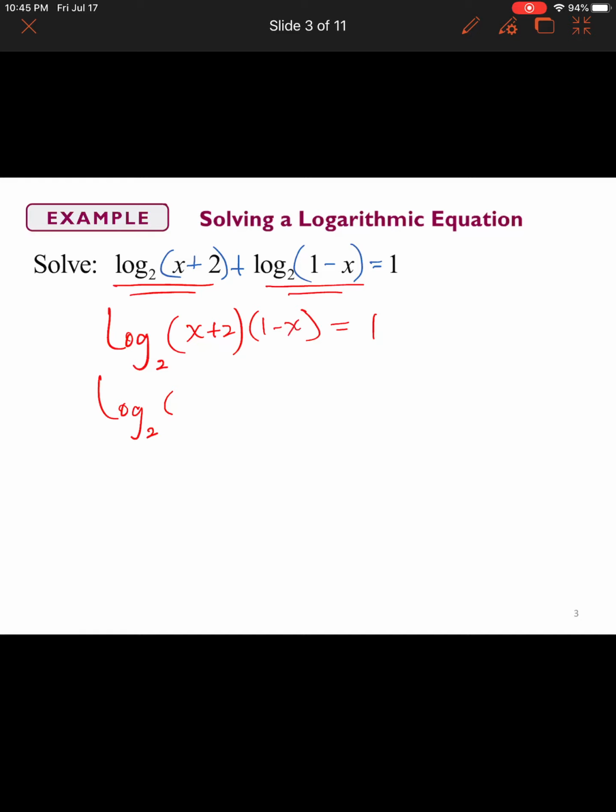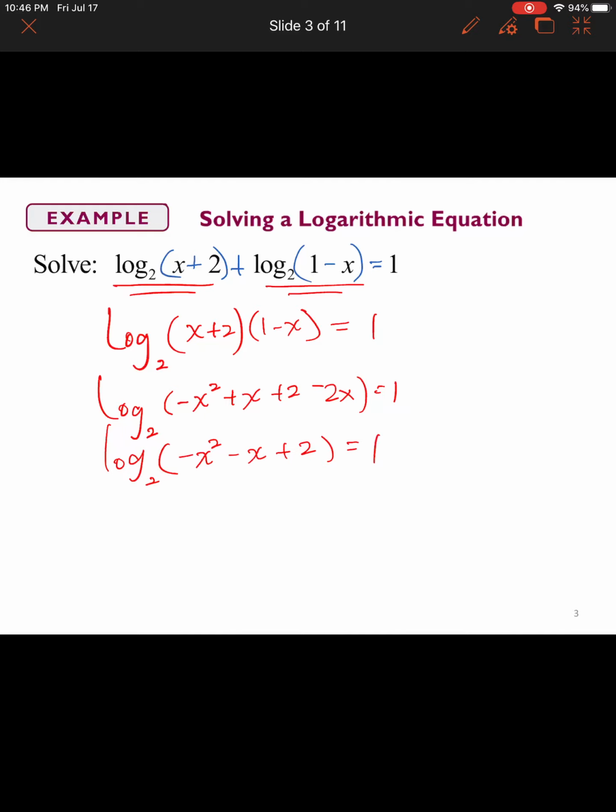So we have negative x squared plus x plus 2 minus 2x equal 1. We're going to rewrite this, and then it will give us log base 2 of negative x squared minus x plus 2 equals 1.